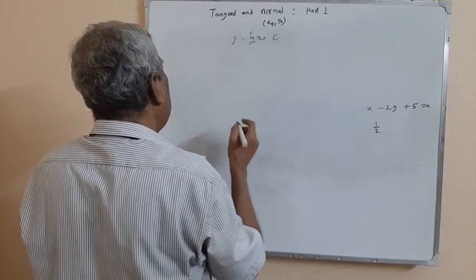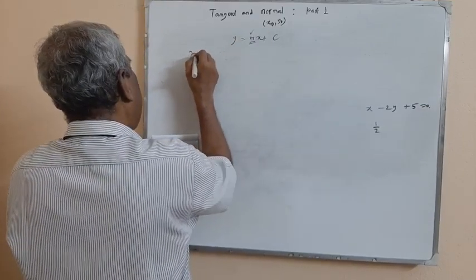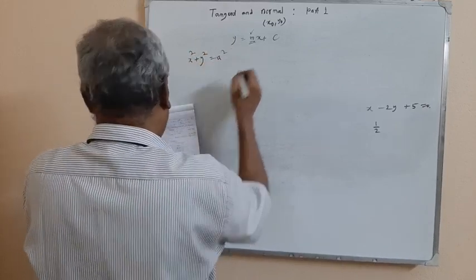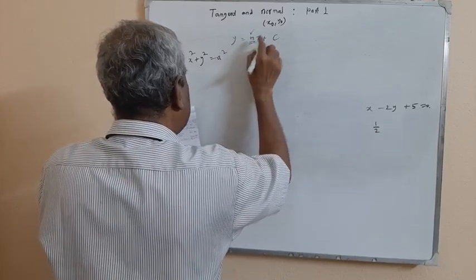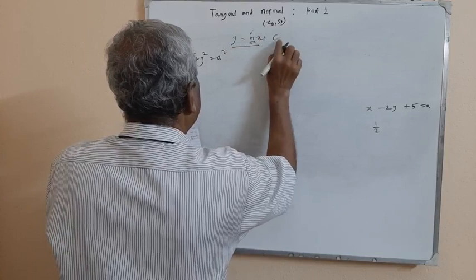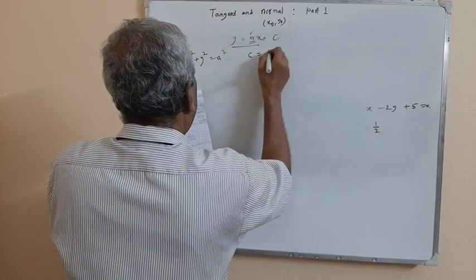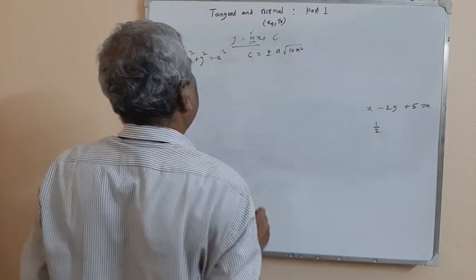when m is known to us, then the equation of the tangent for the circle x² + y² = a² is y = mx + c, where c is the unknown quantity, c = ±a√(1 + m²).